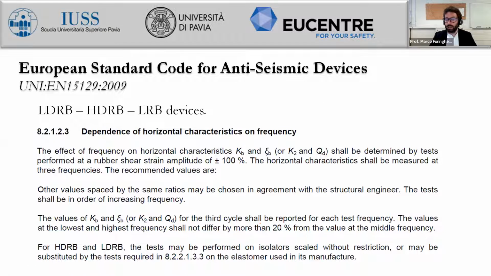Then, up to now in that paragraph, the tests for the dependence of the mechanical properties on the shear strain are listed and discussed. In this paragraph, we have tests for the analysis of the dependence of the mechanical properties on the frequency. Before, we kept the frequency constant and then we varied the shear strain. In these tests, we do exactly the opposite.